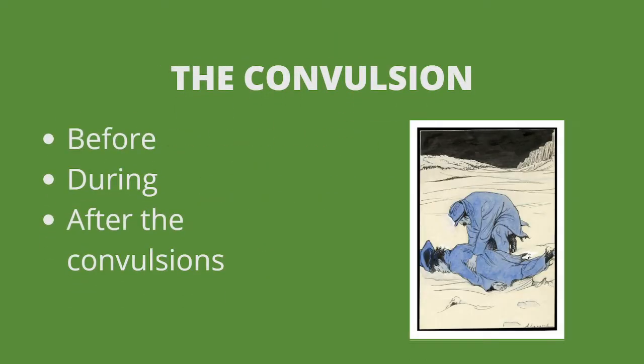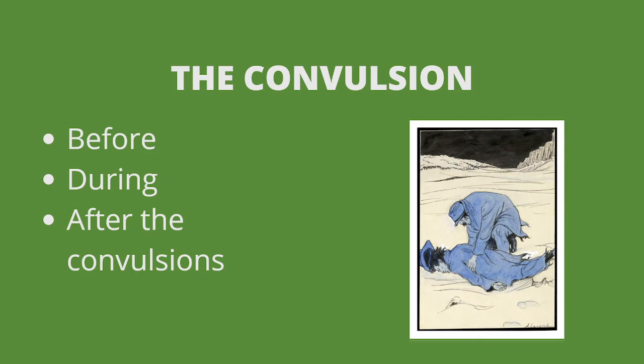Now, how does a convulsion look like? Typically, it's divided into three phases, depending upon the events that happen. Something that happens before is called aura. During the convulsion is called ictus, and then the recovery phase. Now, during aura, a person may feel sick, nauseated, irritable, and restless.